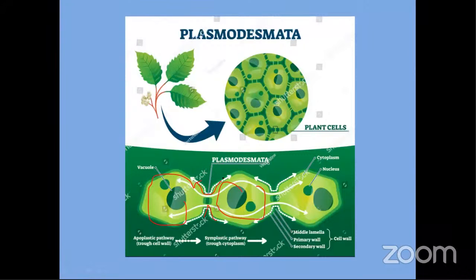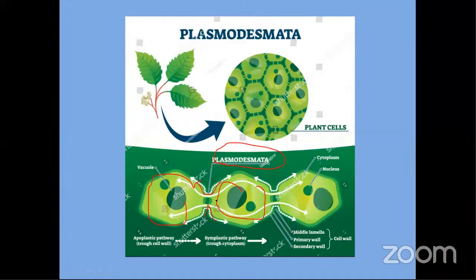And this bridge, your communication person, is basically the plasmodesmata. It is going to act as a communicator between the two. It is a connection that takes place between the adjacent cells. That is basically plasmodesmata.